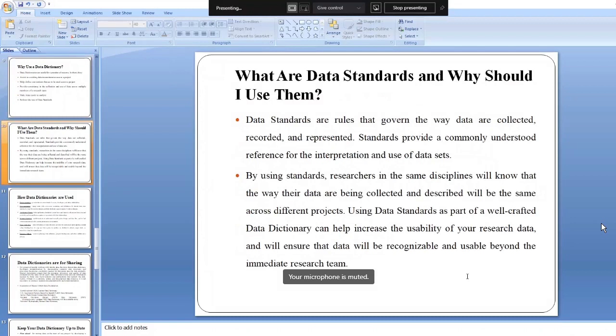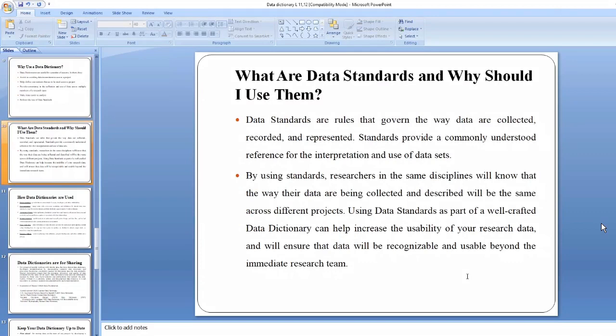Now, let's talk about what data standards are and why I should use them, as the last point about the use of the data dictionary was to enforce the use of data standards. Data standards are the rules for how we should use the data available in the data dictionary. Data standards are rules that govern the way data are collected, recorded, and represented.